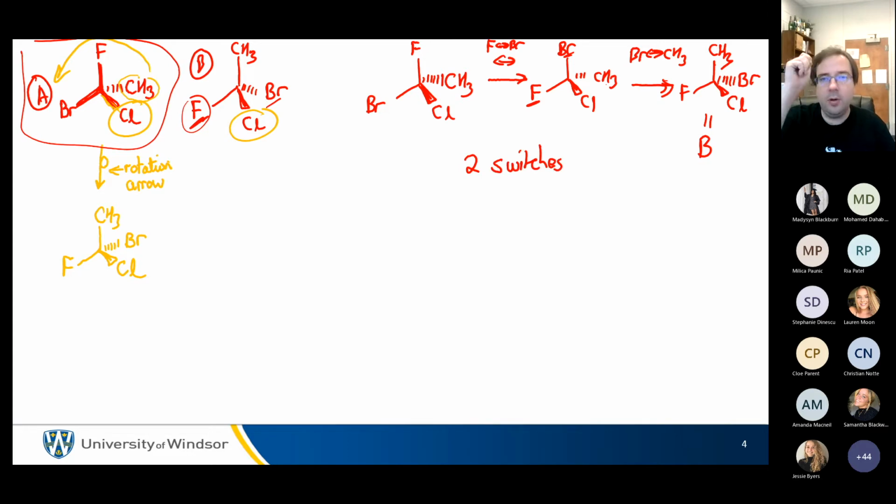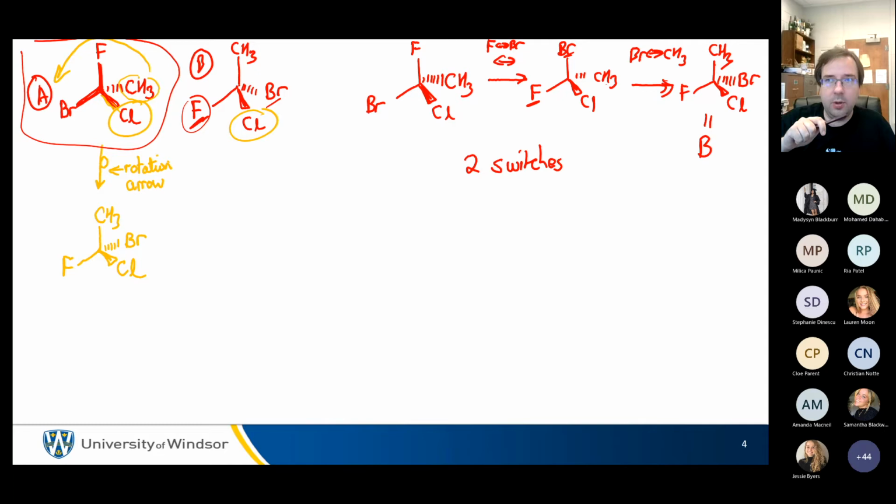If you remember, one switch, one flip, gives you the enantiomer. Two switches gives you the enantiomer of the enantiomer.